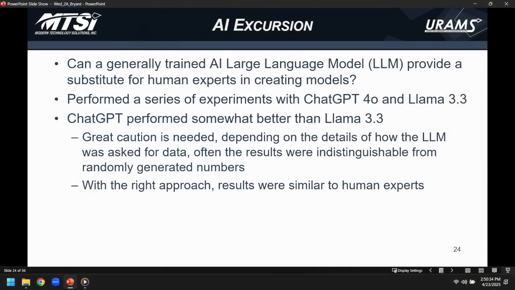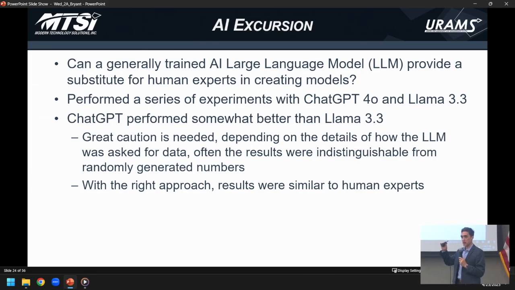Specifically, we looked at ChatGPT 4.0 and Llama 3.3, and the bottom line is the results were interesting, and there were ways that we could structure the questions that would get us to about 80% accuracy if I used my human cyber assessors as the baseline.